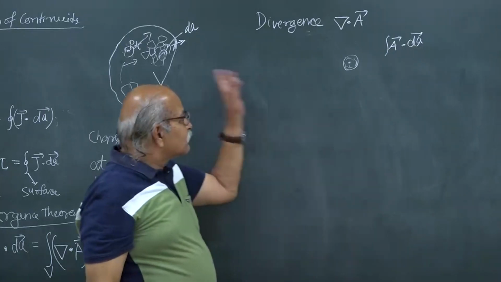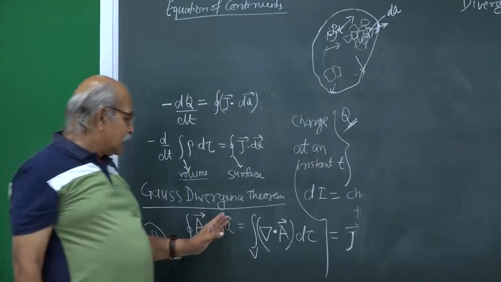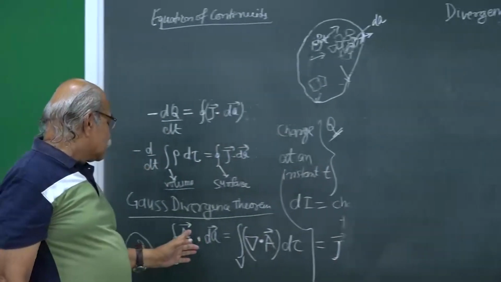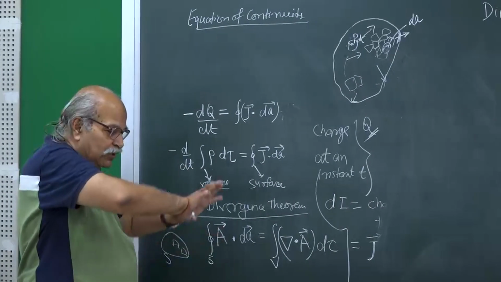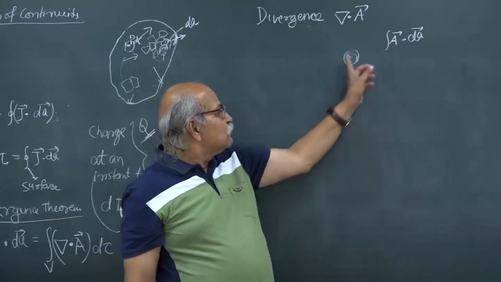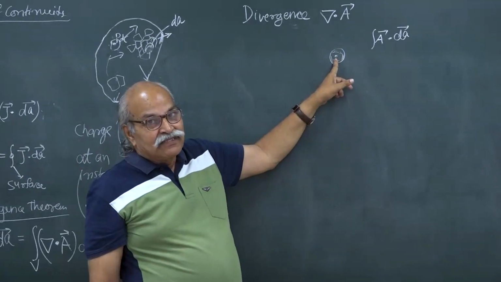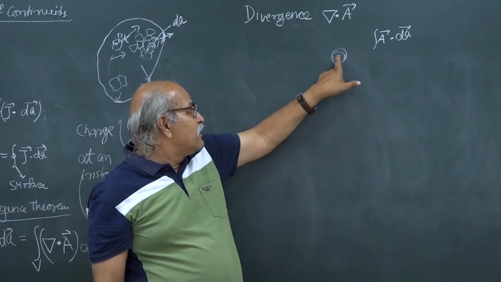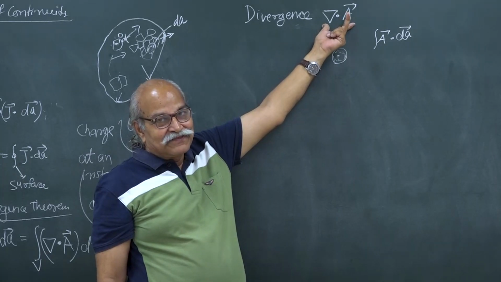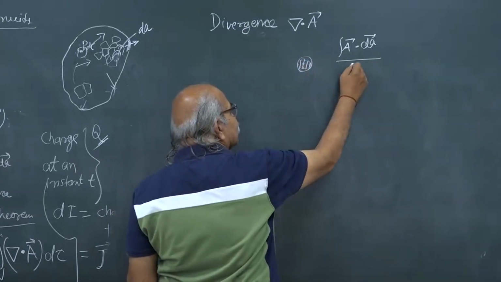The only difference here between this A dot dA and this A dot dA: this A dot dA is over a much bigger closed surface, and this A dot dA is over a small closed surface constructed by me around a point where I want the value of divergence of A. Then divide it by the whole volume, delta tau.